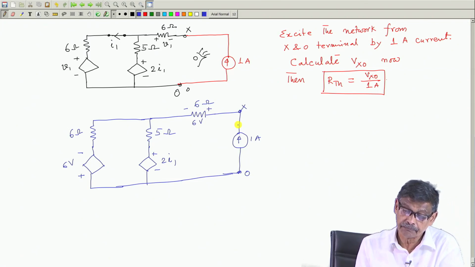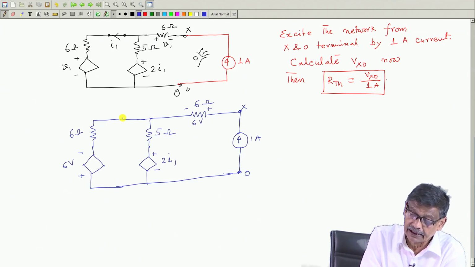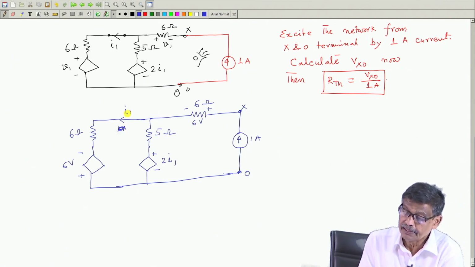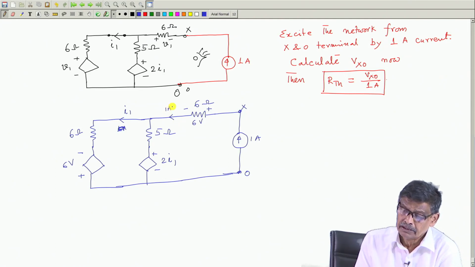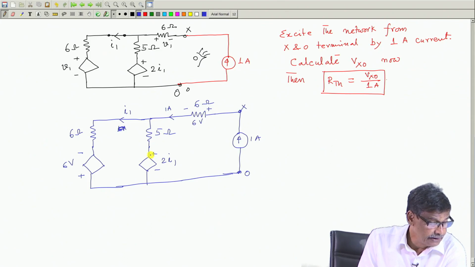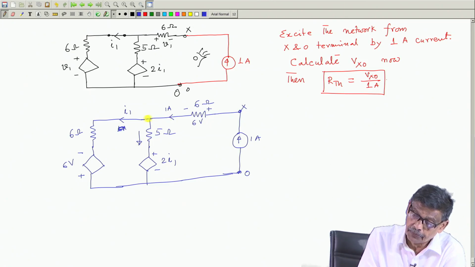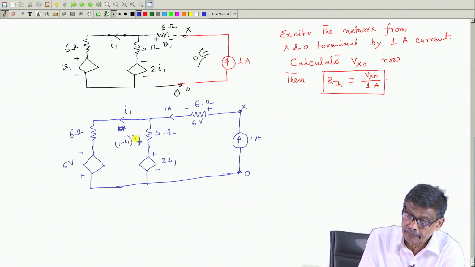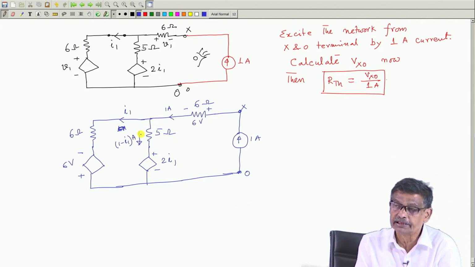And this current is already known to be 1 ampere, and this is I 1. Therefore, I can say the current in this branch in this direction should be 1 minus I 1 ampere, since I 1 goes the other way. So, 1 minus I 1 must be flowing in this direction.